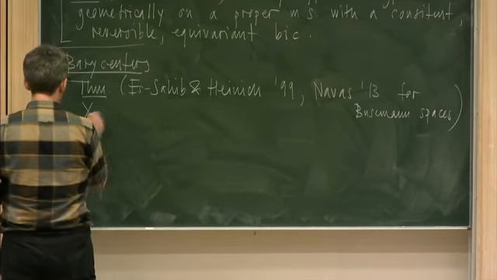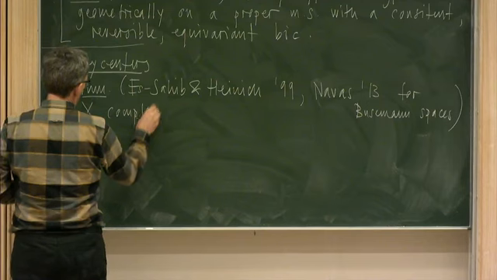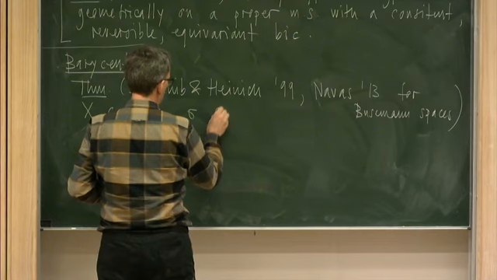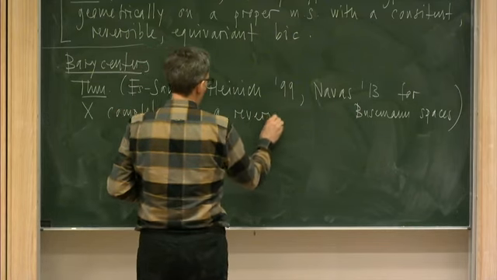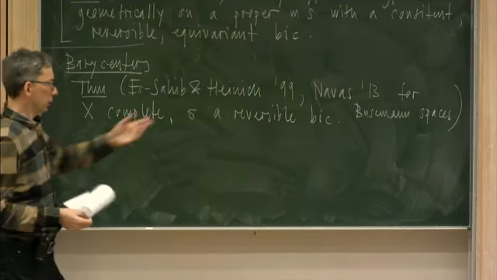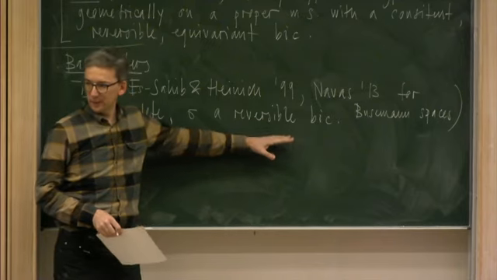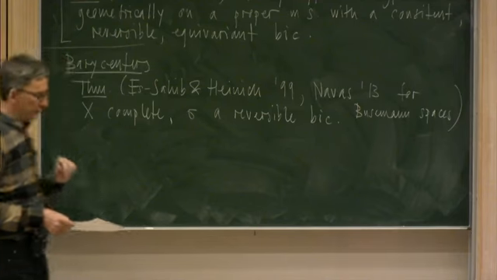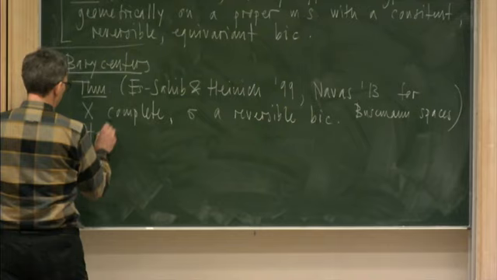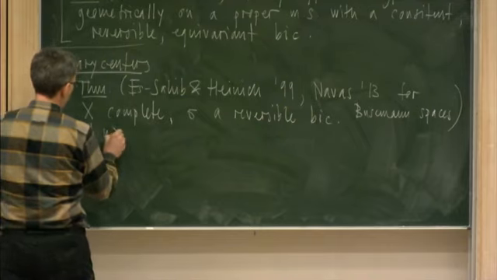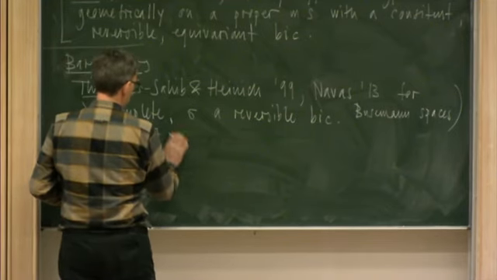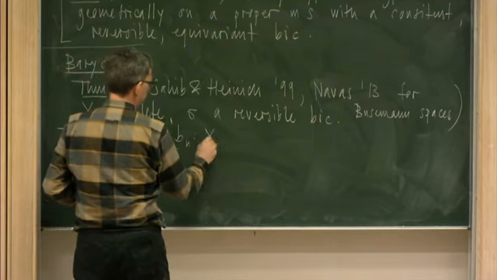So X is complete, and sigma is a reversible bicombing. But as I told you, reversibility is for free, right? Once you have a bicombing, you also get a reversible one. And then for all n, there exists a barycenter map Bn from X^n.